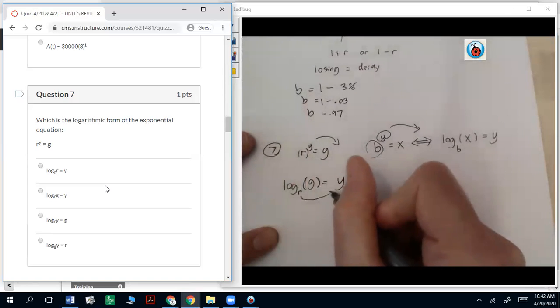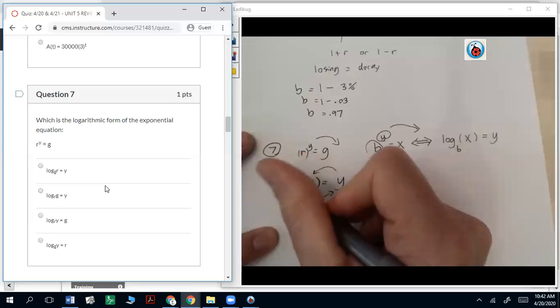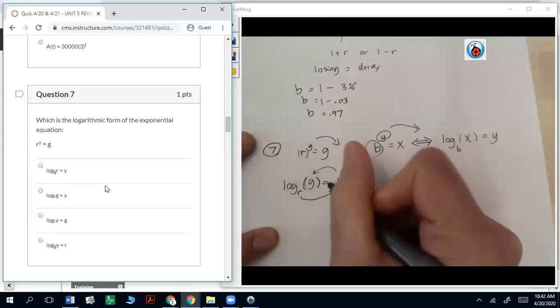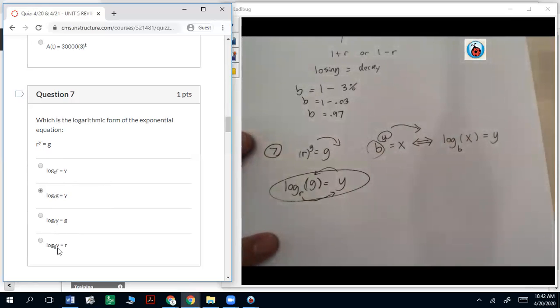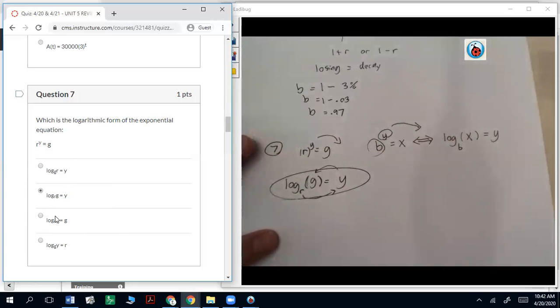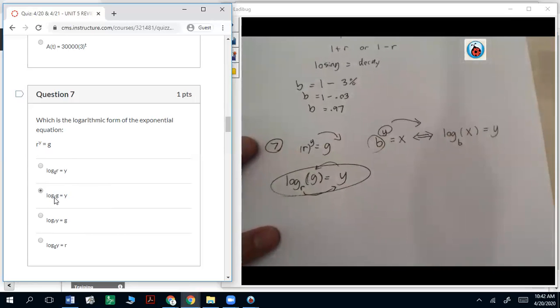We go out to the other side and come back. So log base r of g equals y would be your answer. Important that you separate the r and the y, so you don't want them together. And these all have them separate, but the way that it's written officially, the r has to be in the base.